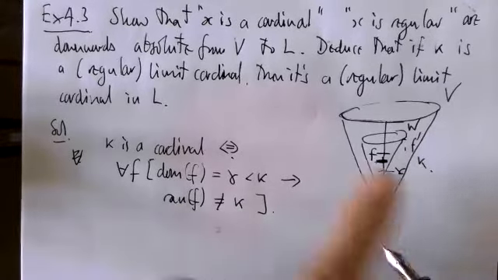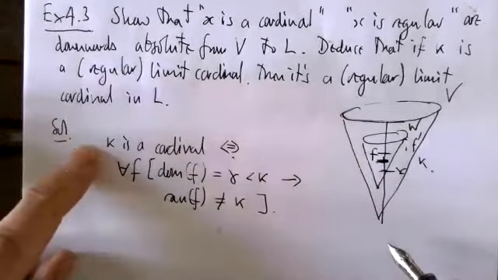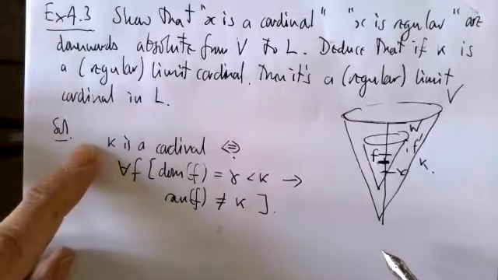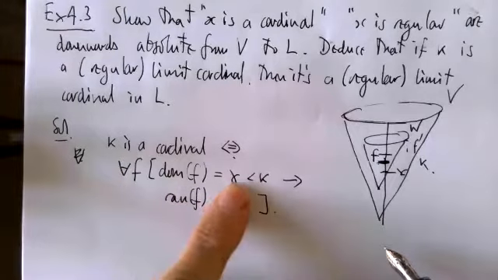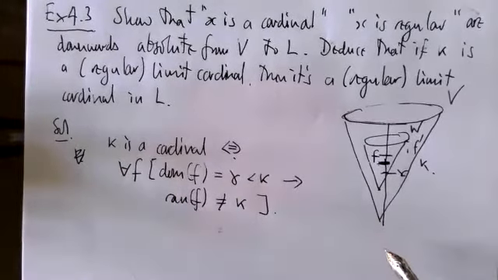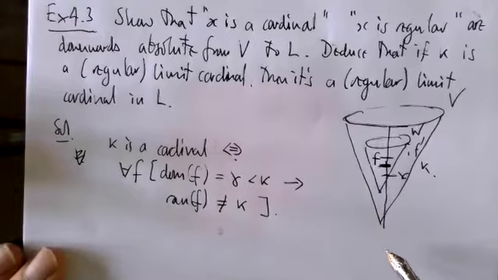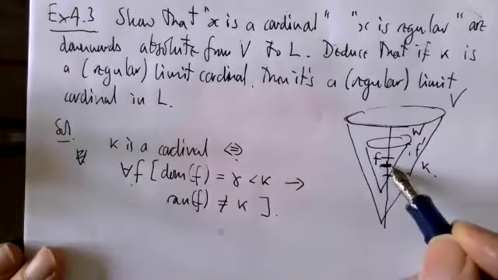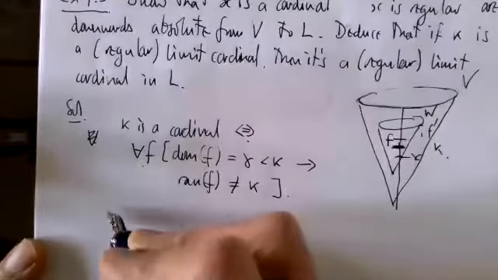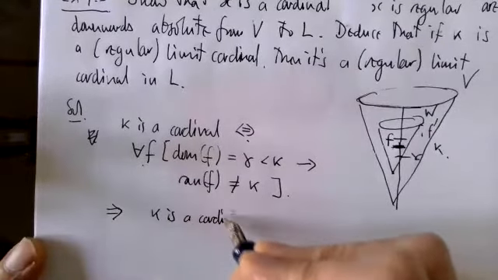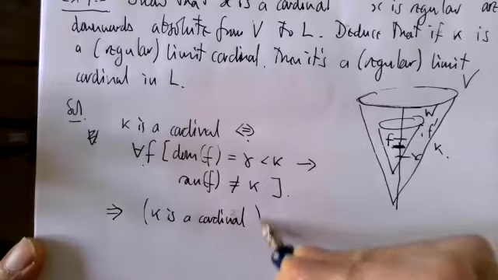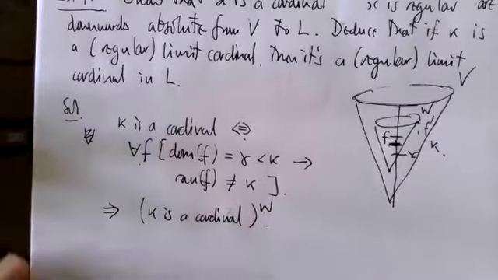We're being told in V that kappa is a cardinal. So for any function you take, it can't have a smaller domain than kappa and be onto kappa. But of course, this includes all the functions that are in W. So it's quite natural to say, okay, this implies that kappa is a cardinal in W here.